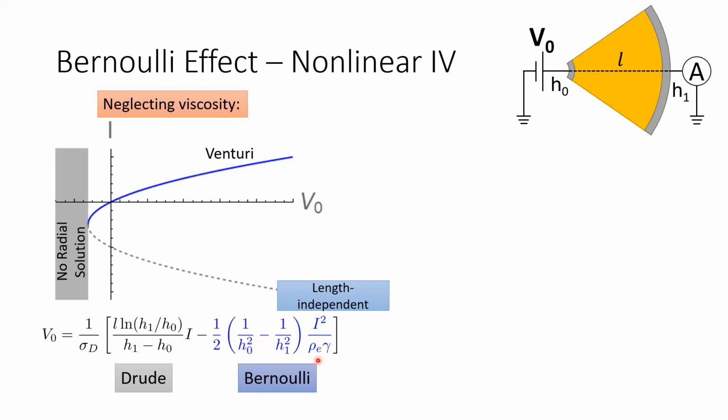Also, this Bernoulli term depends on the charge density. So one could imagine flipping the sign of this Bernoulli term by changing the carrier type from electrons to holes, for example, while maintaining a fixed current. Hopefully that answers your question.